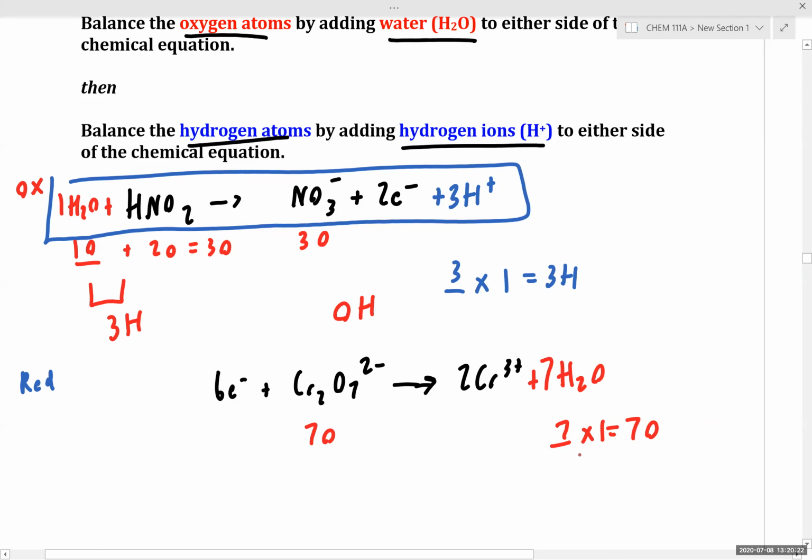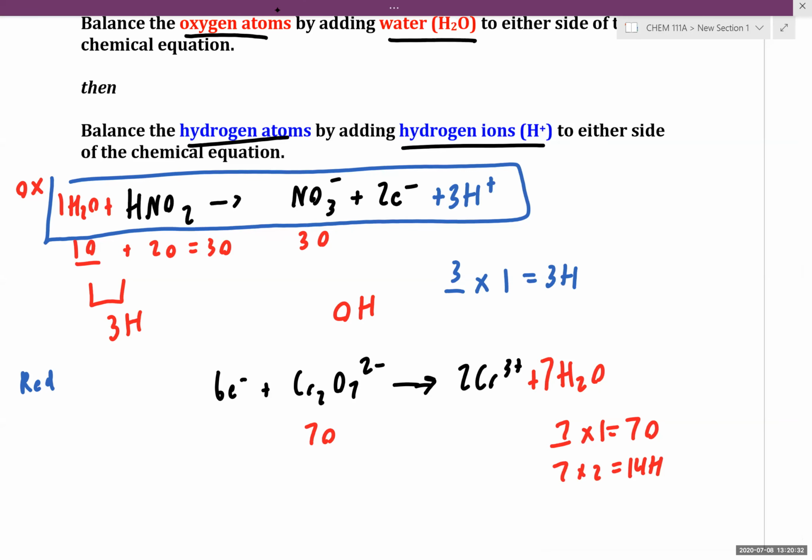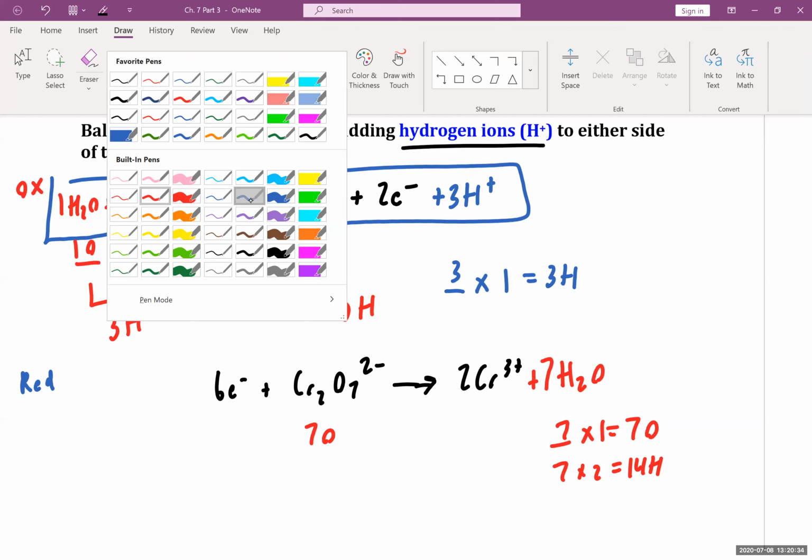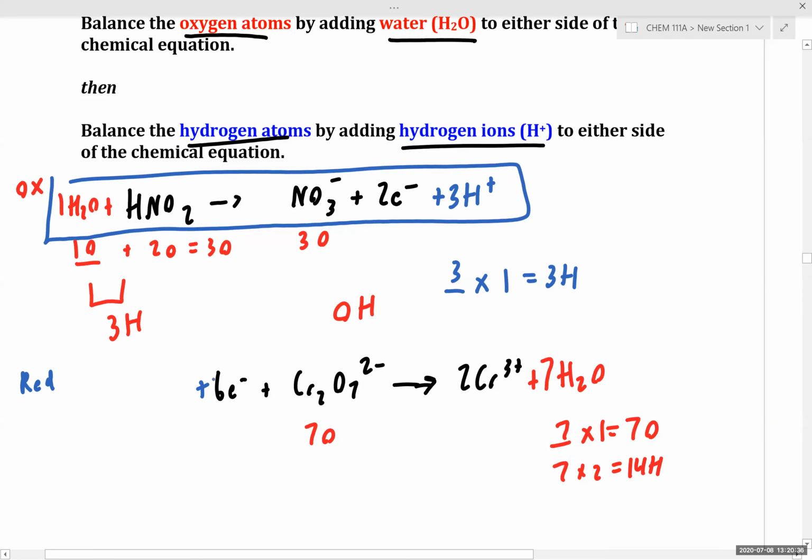Okay, so that also gives us 7 times 2, which is 14 hydrogens. So now we have to balance hydrogen. To balance hydrogen, we need to add how many H plus? 1 times what would give us 14 H plus? How many H pluses do I need to add? 14.